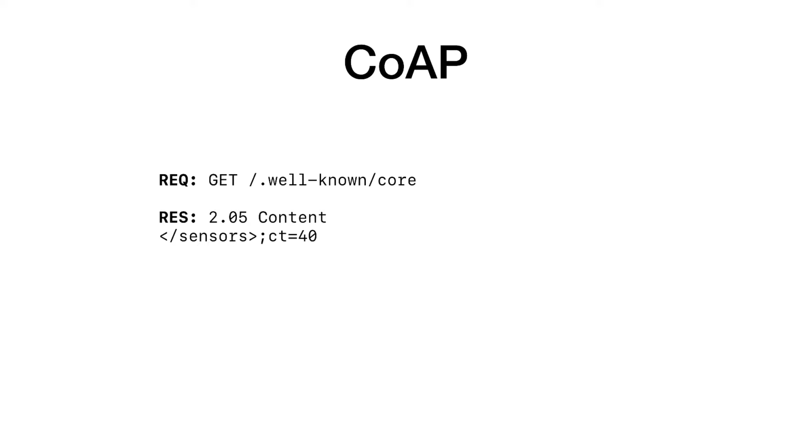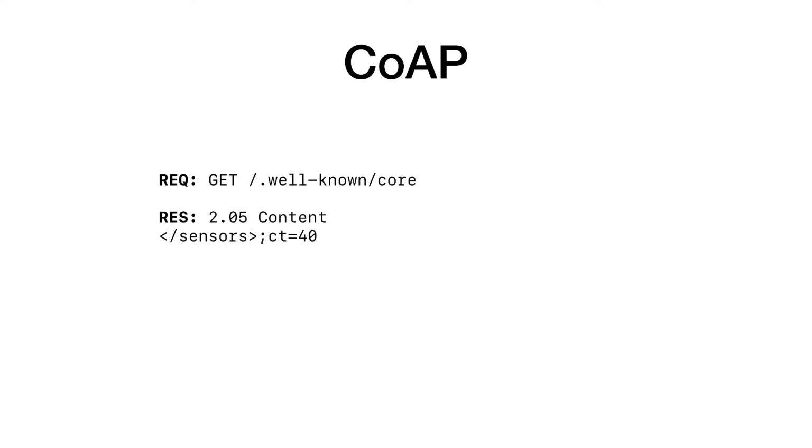And it's a really strange structure, but in the angled brackets, it's showing what the endpoint is, and then a semicolon, and then the content type. It's trying to be very concise, and so it doesn't use ASCII characters very much. So content type 40 means it's application/link-format, which is what it is itself.